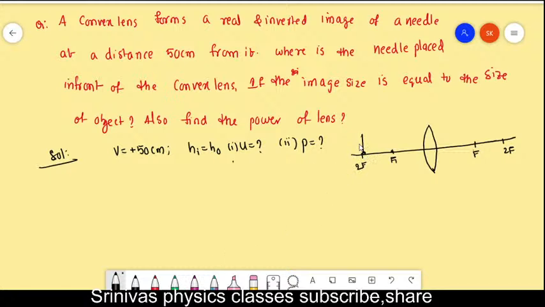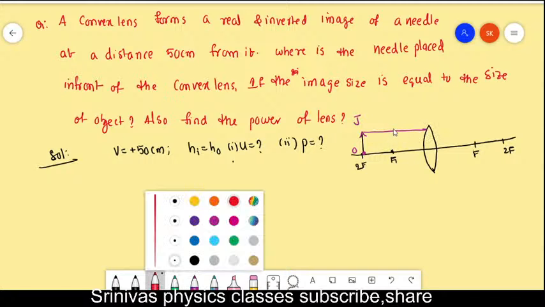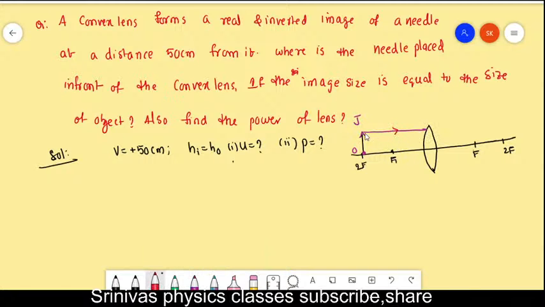If the object is placed at 2f, you take two light rays. One light ray is incident parallel and passes through the focus. Another light ray passes through the optical center and goes straight like this.